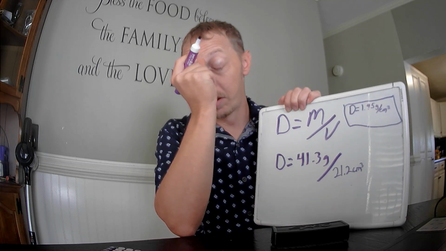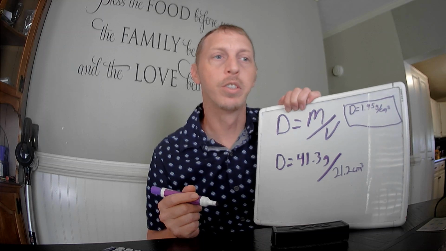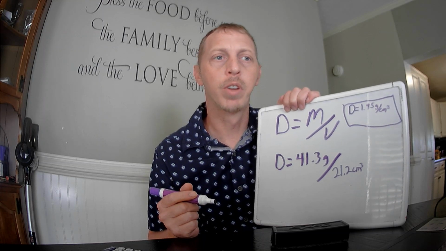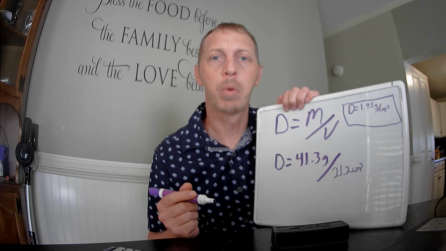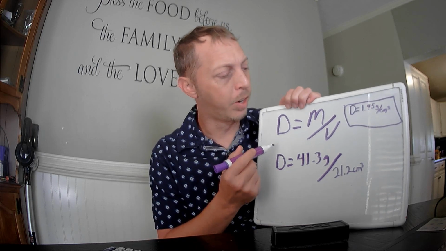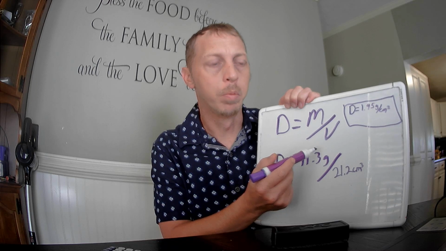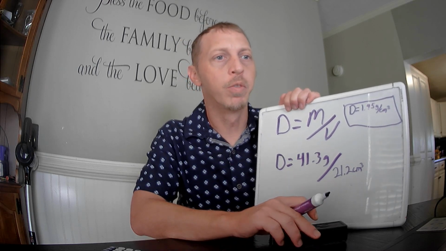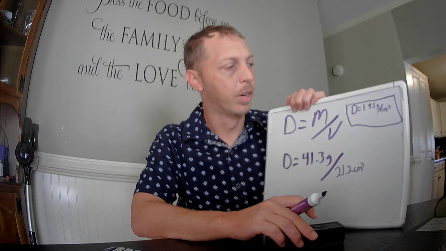Now, oftentimes in classes in school, you will have equations that are kind of flipped around, or you're only going to get partial information. And it's not going to be laid out right here where we have the mass and the volume and we need the density. Let me show you how it looks if we move this around a little bit.